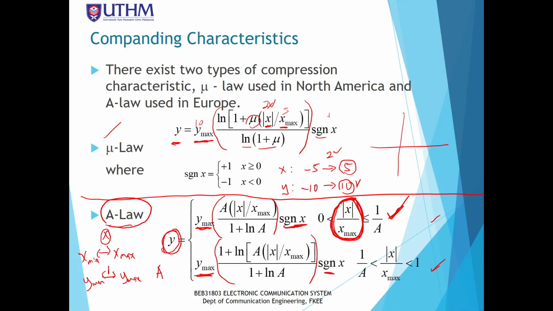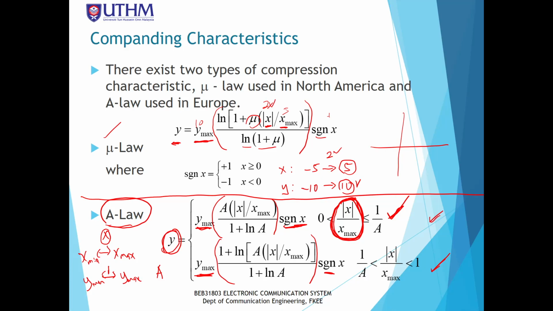okay. Since this involves the compression and companding process, in order to determine the output, it is based on the A law or mu law, okay. For A law, there are two equations over here. Which one do you need to use? You need to find the ratio first, the ratio of x over x max, okay.